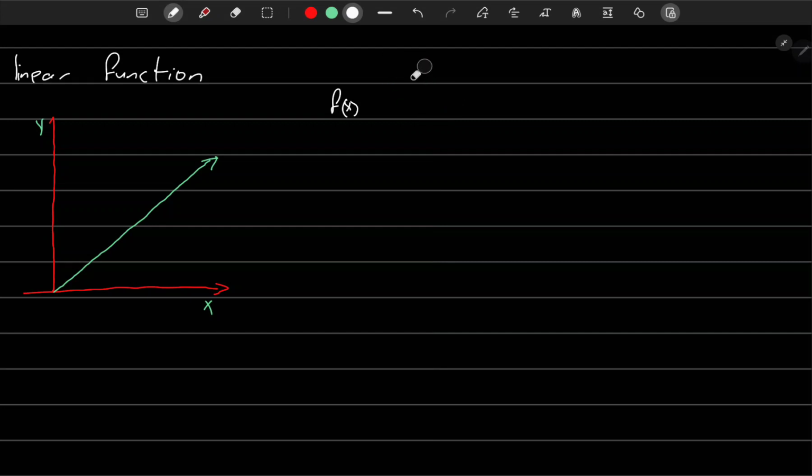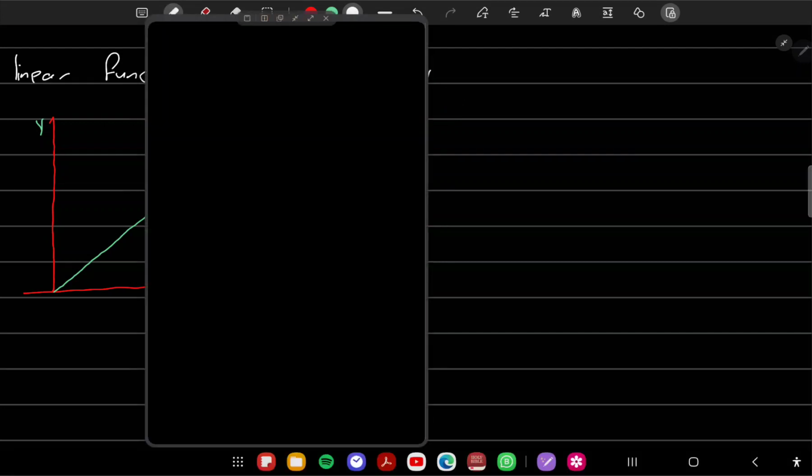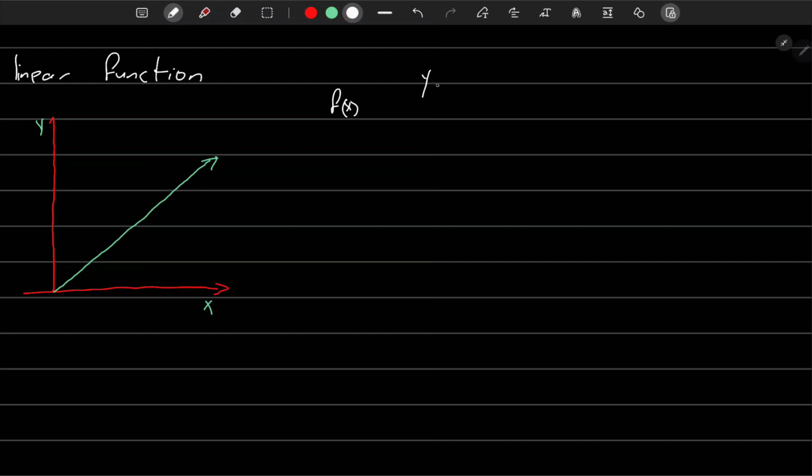So writing this as y is the same as f of x.